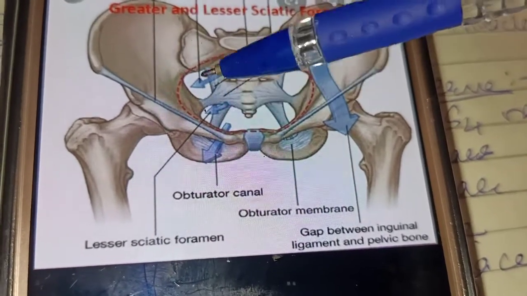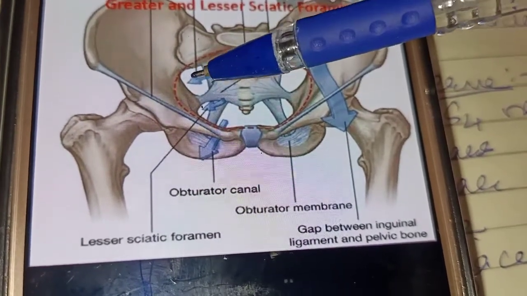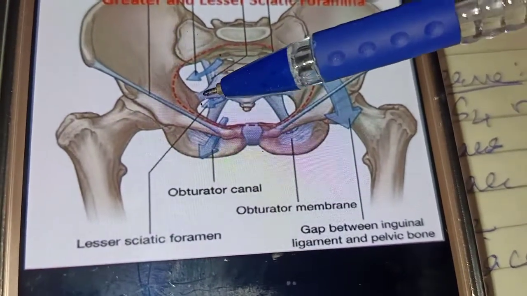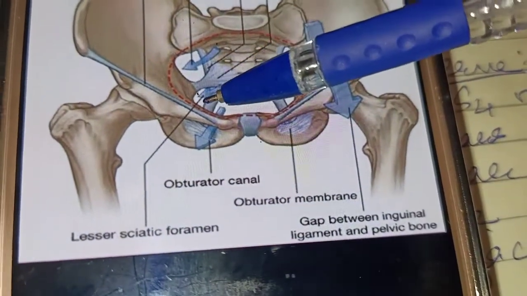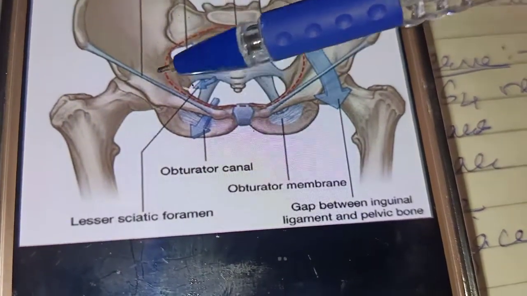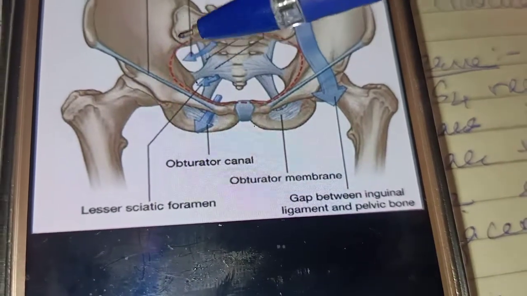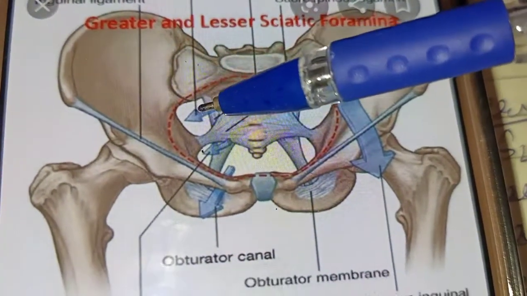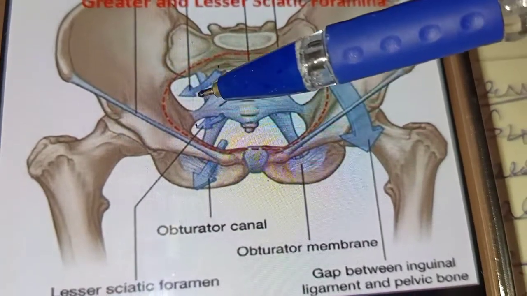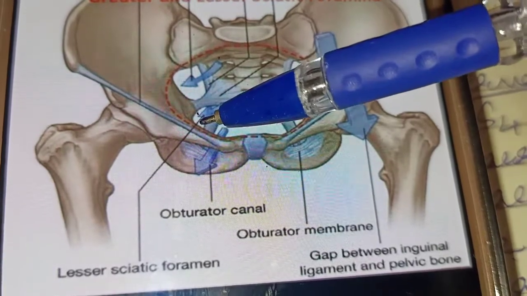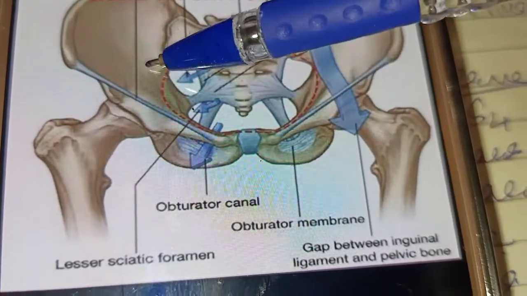Then it loops around the sacrospinous ligament, reaches the lesser sciatic foramen, and then it goes to the gluteal region and the perineum.